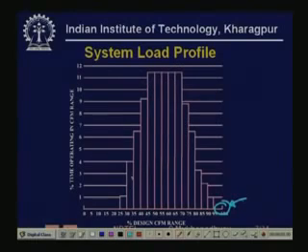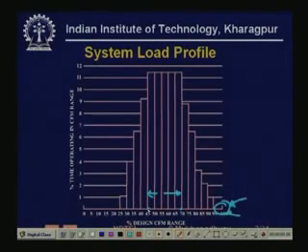So most of the time the flow is actually between about 45 to 70%. So the maximum time the flow stays within 45 to 70% of the design flow range.